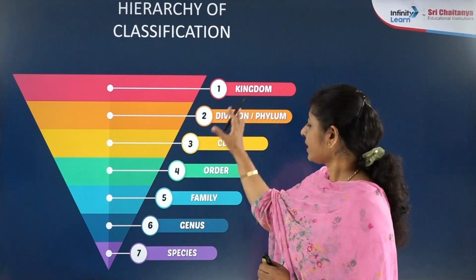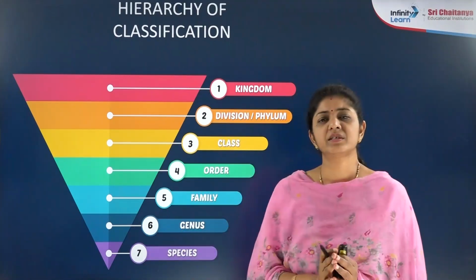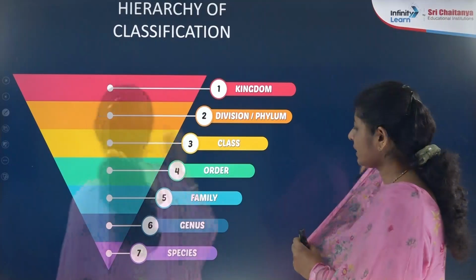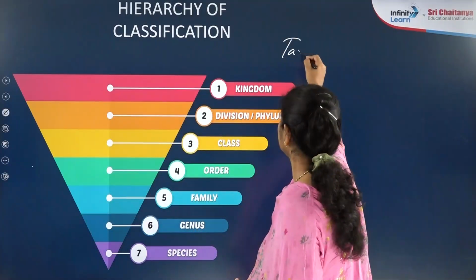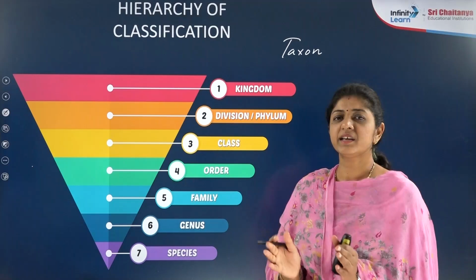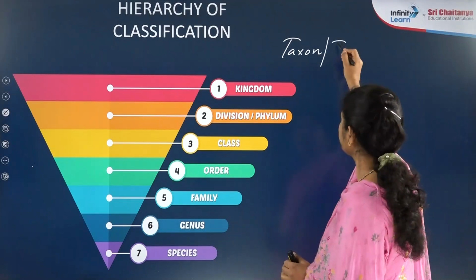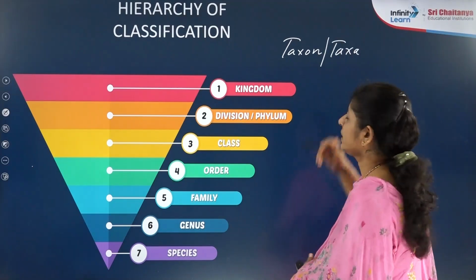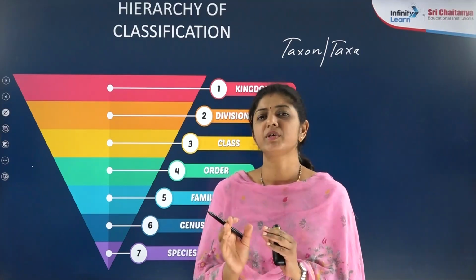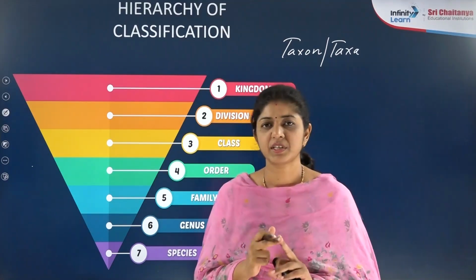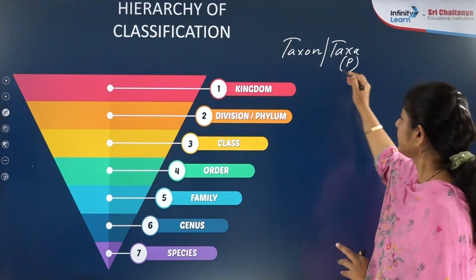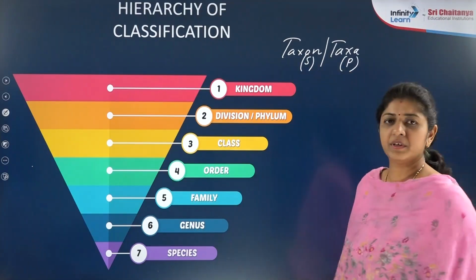You can see seven categories written here, and we call each of them a taxon if singular, or taxa if plural. Simply, this is the difference between taxon and taxa: taxa is the plural, whereas taxon is the singular, right?